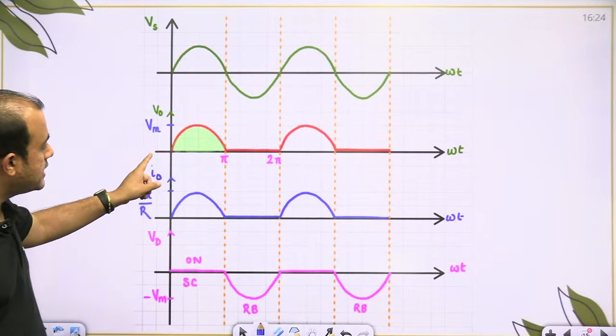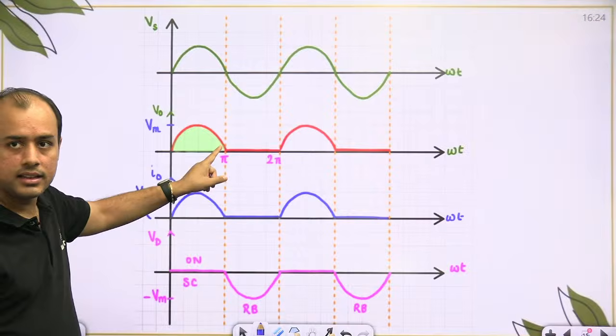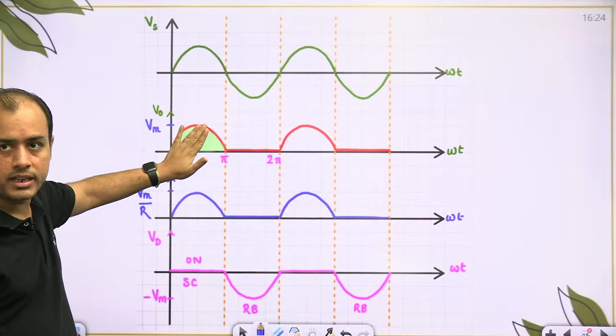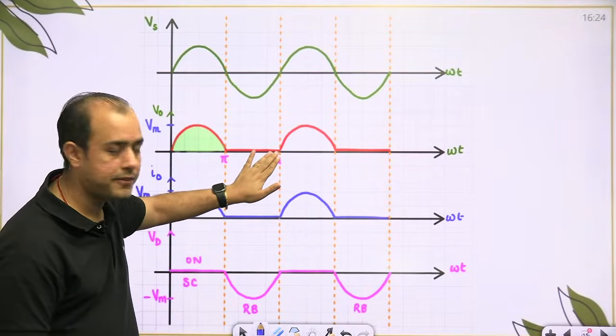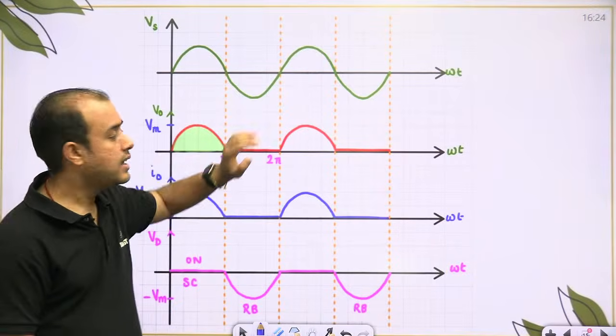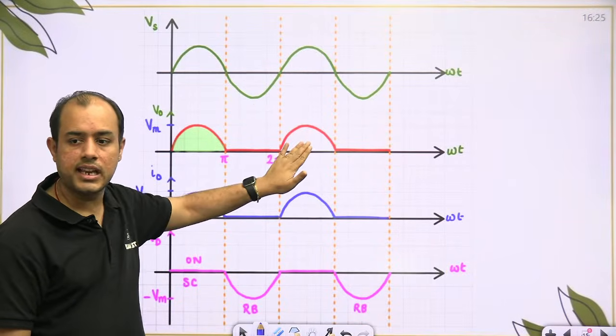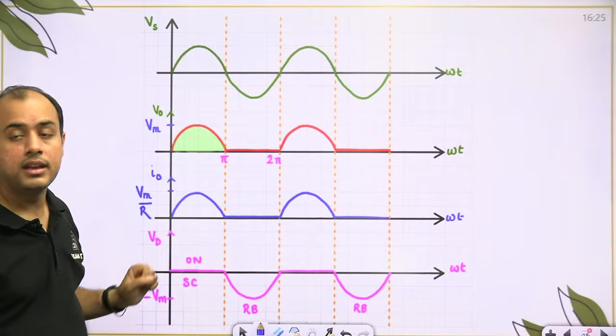So देखिए, during the positive half cycle, the output is a copy of the input. During the negative half cycle, my output is 0. Again, during positive half cycle, output is same as input.